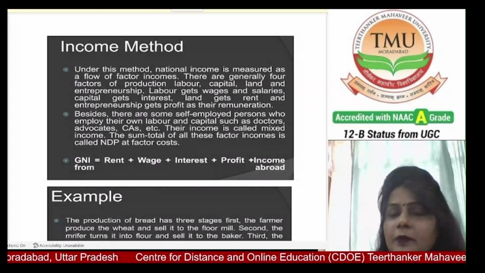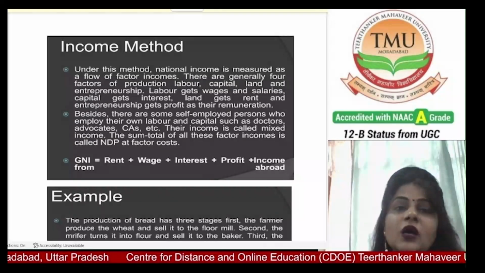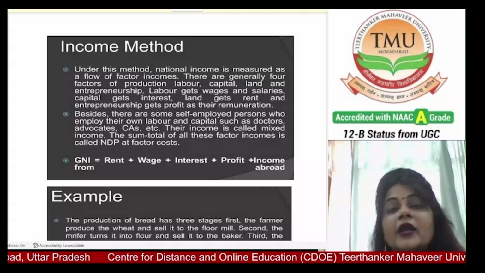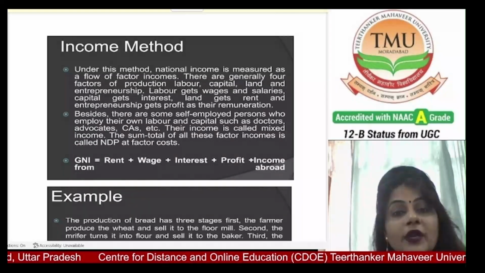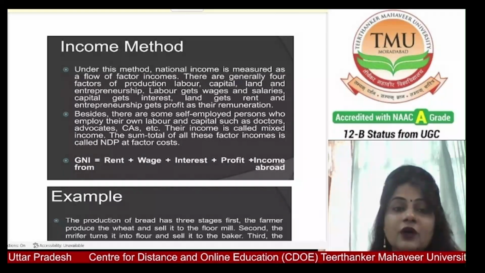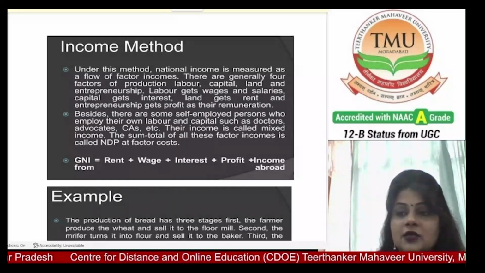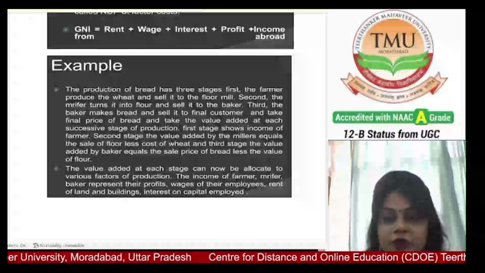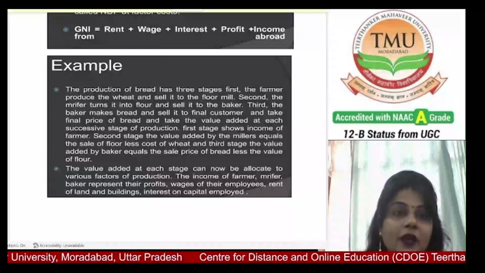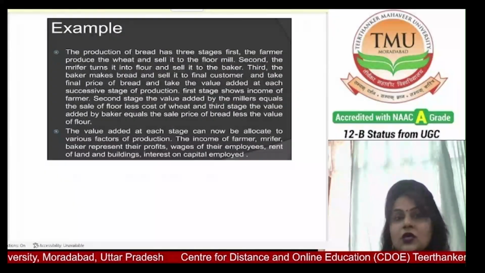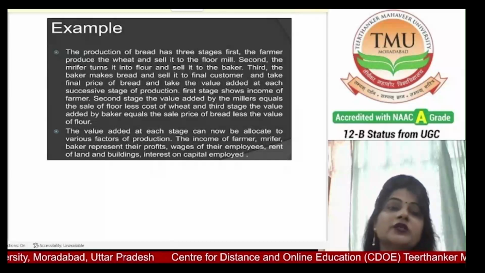So, there are many steps in the income method. The first step is to identify and classify the factors of production of all the producing firms into primary, secondary, and tertiary sectors. We will also take an example of national income, as you can see on your screen.